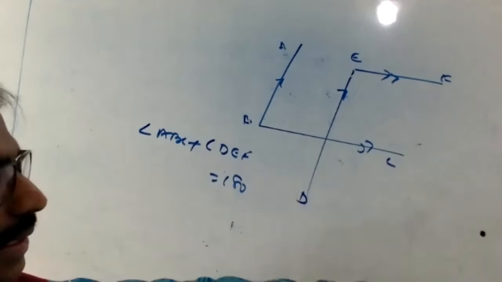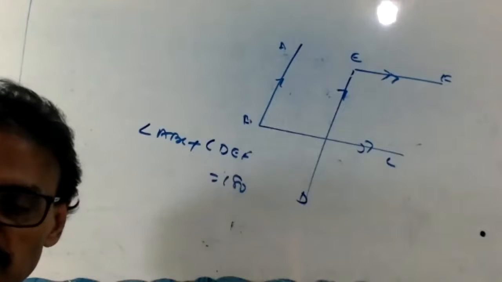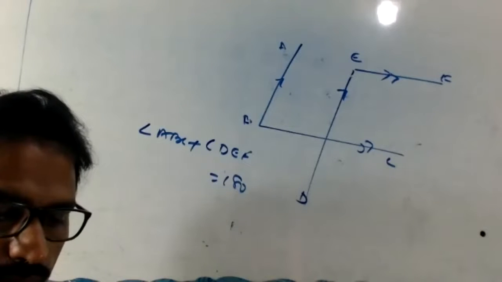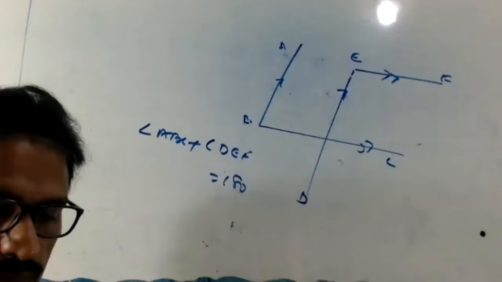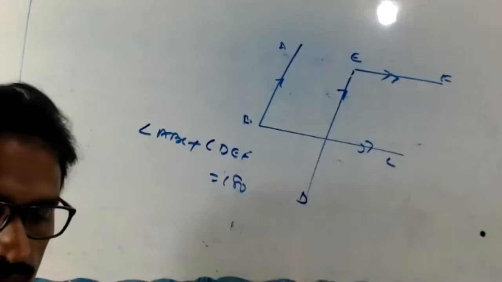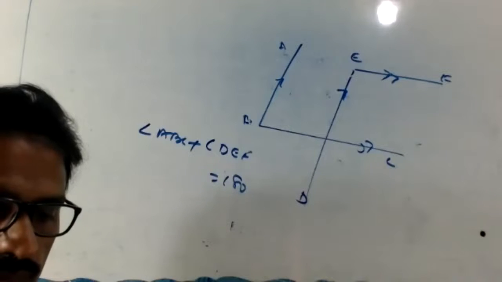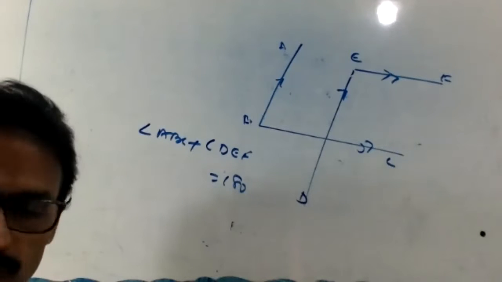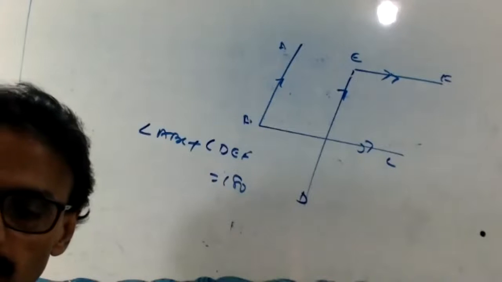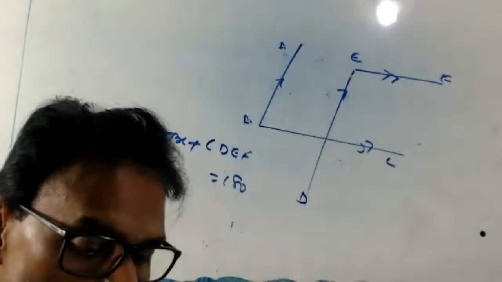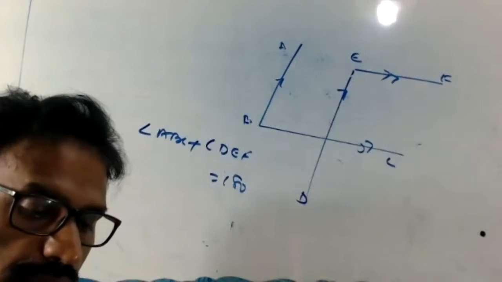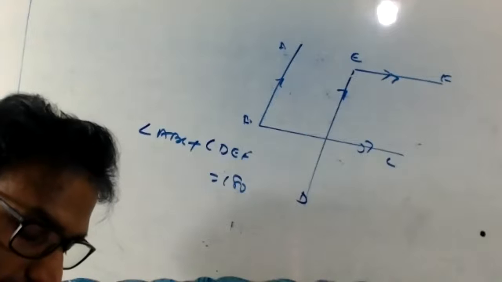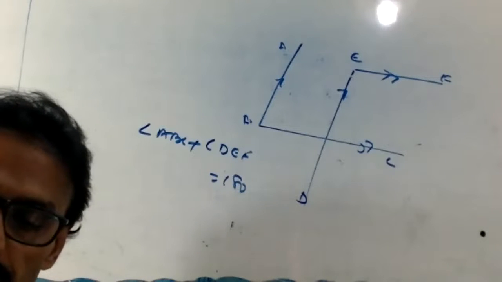Show that ABC plus DEF equal to 180 degree. Okay, wait. I'll show this one.